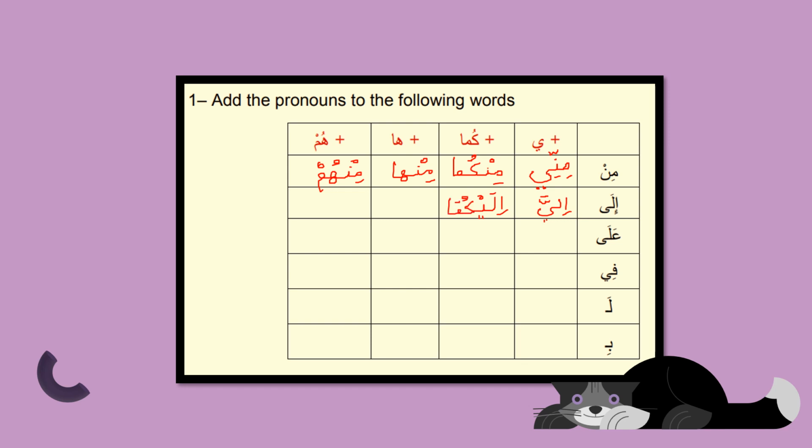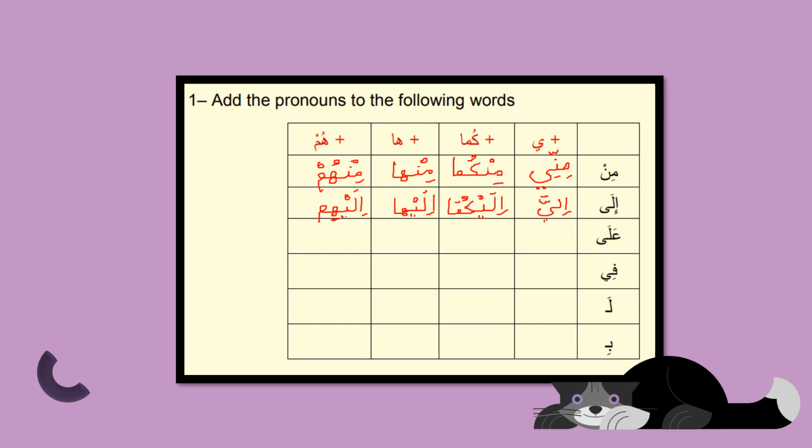And now it attaches with ha: ilayha. And then ilayhum, ilayhim, because of the ya it will change its dhamma to kasra.